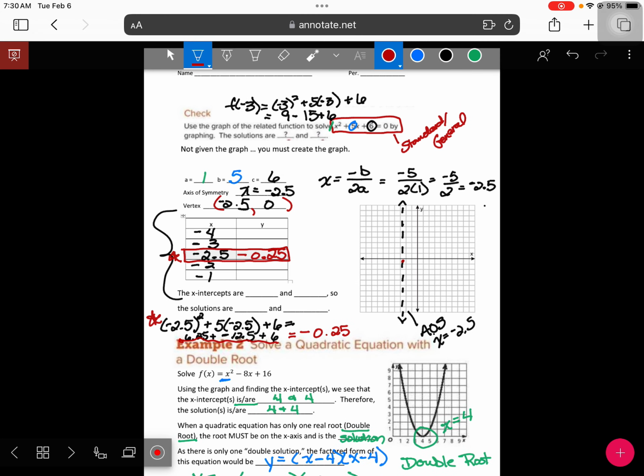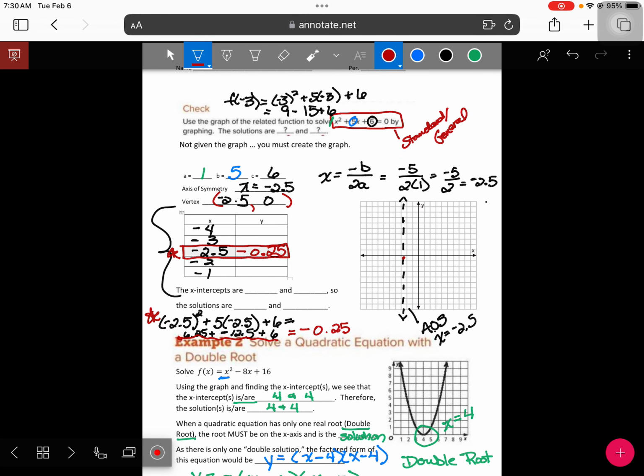So then we tried doing it with negative 3 up here. And we set negative 3 in for our x value and got negative 3 squared plus 5 times negative 3 plus 6. 9 minus 15 is negative 6, and then plus 6 gives me 0.